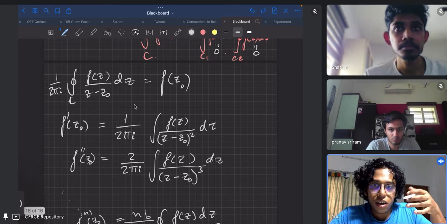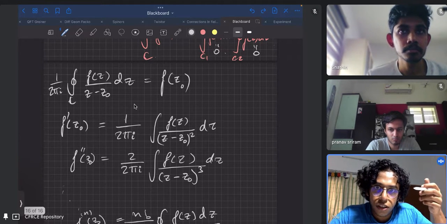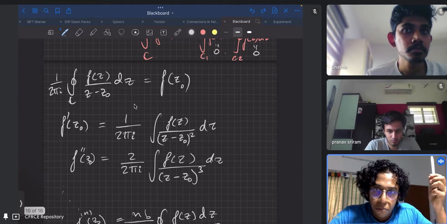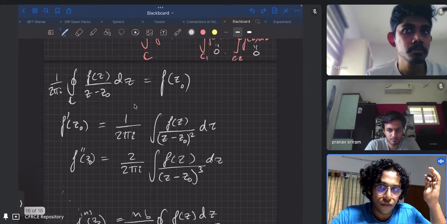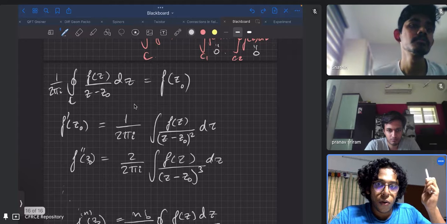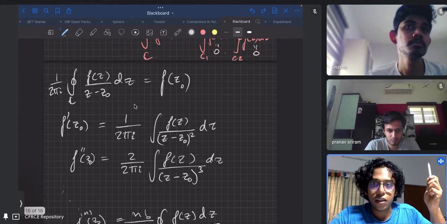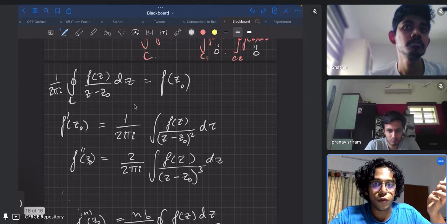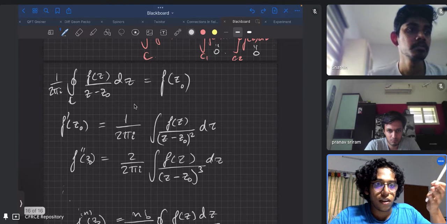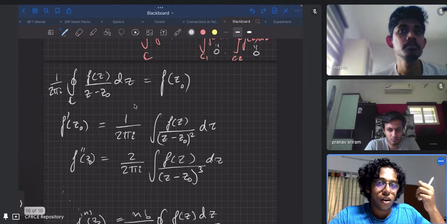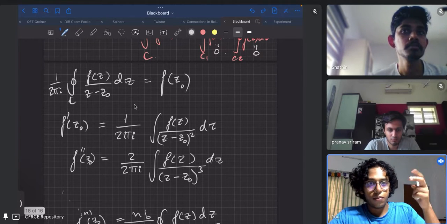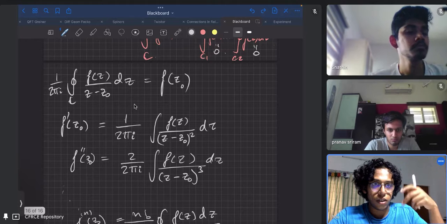It will seem like you have n g naught, but note that there are again specific conditions, where your z naught is equal to z. Again, you have two functions of g and z naught.